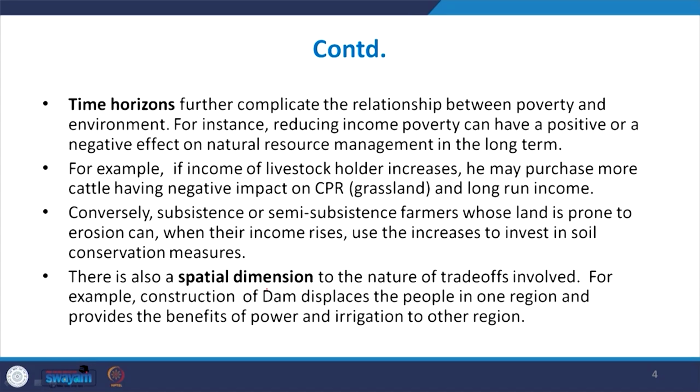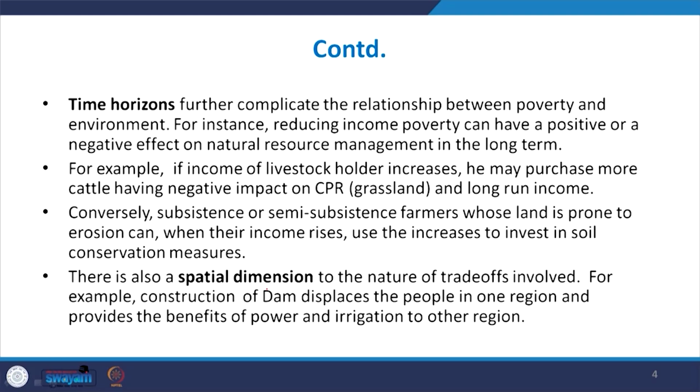For example, reducing income poverty can have a positive or negative effect on natural resource management in any country in the long run, such as if income of livestock holders in a region increases, he may purchase more cattle, having negative impact on common property resources.